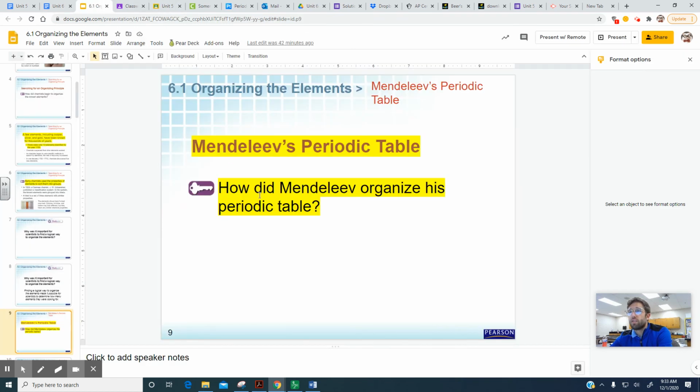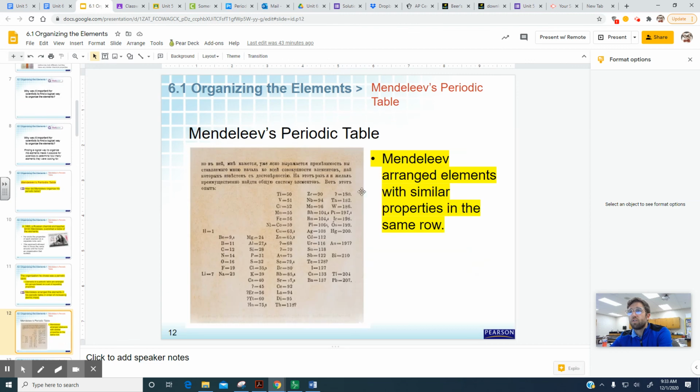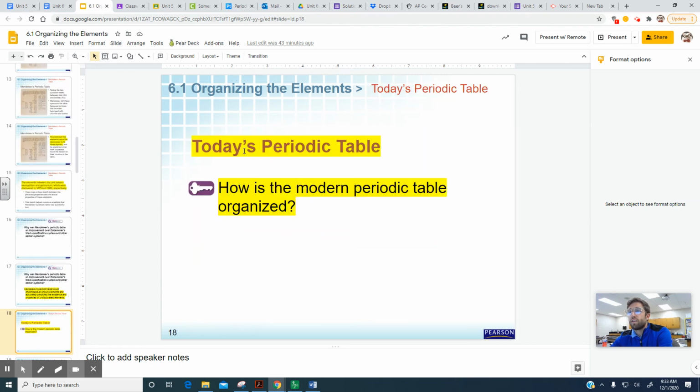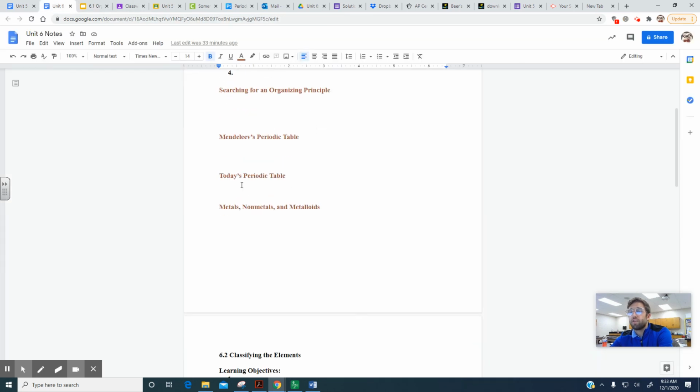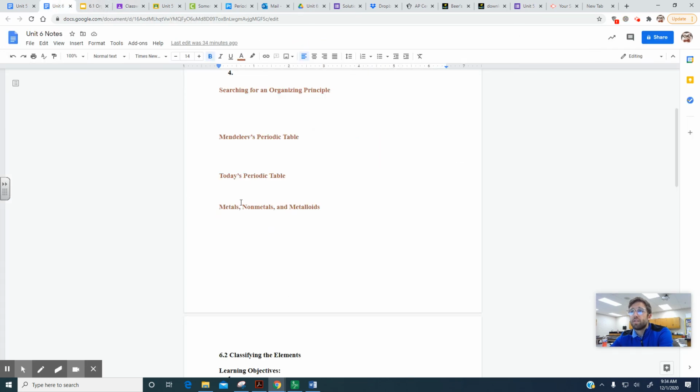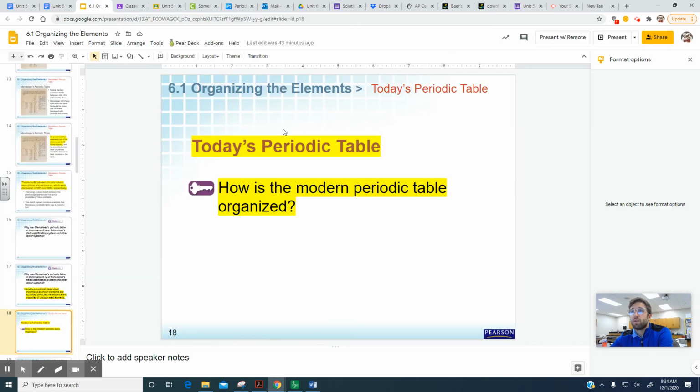Then you would write all this stuff, and then you would get to today's periodic table. You would type what is in yellow between this and this until we get to nonmetals and metalloids.